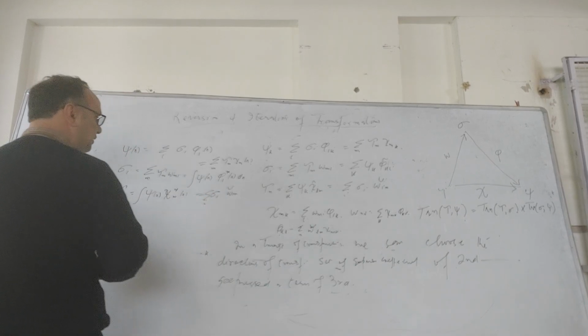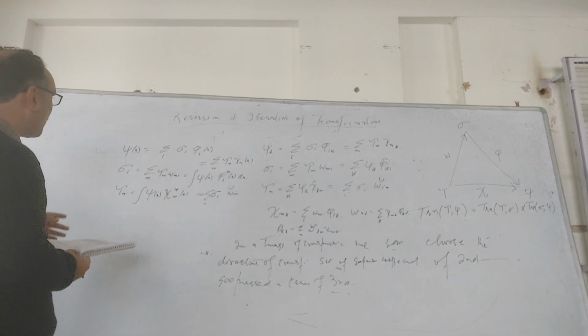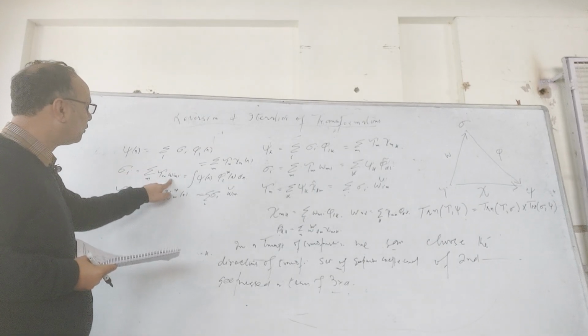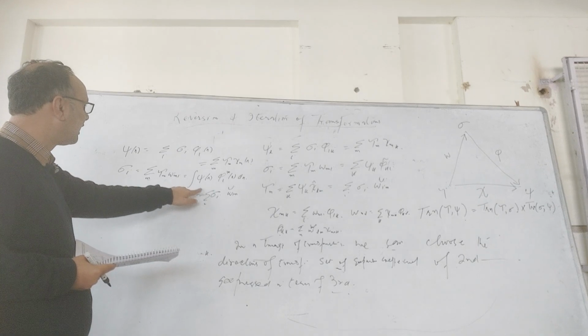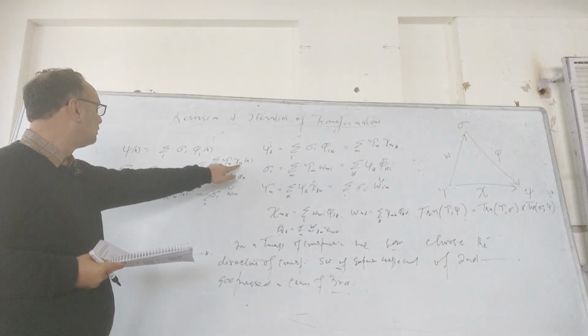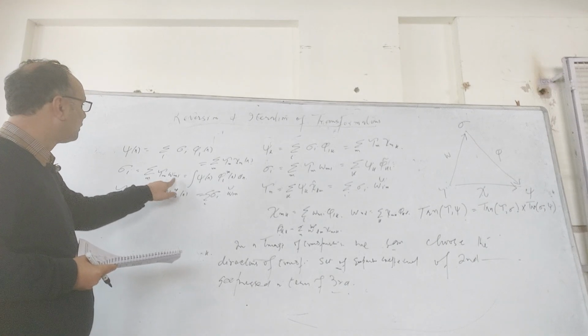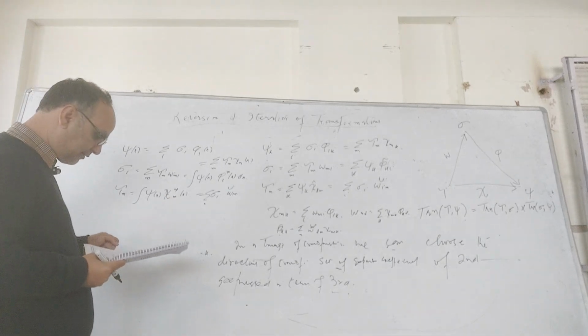This is the reverse transformation. Now you have written psi in terms of sigma and sigma in terms of tau, and further psi, tau, and tau in terms of psi and phi. So you can write tau psi of chi m. So you can have this thing.